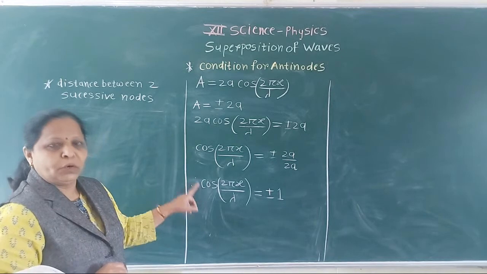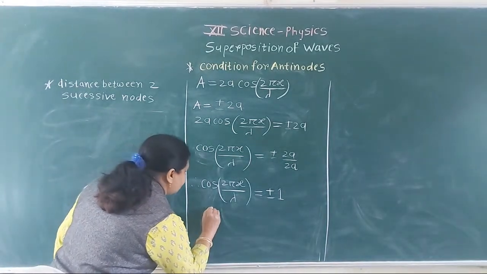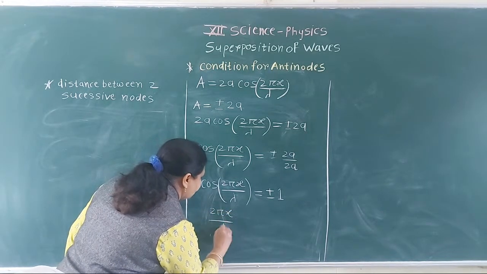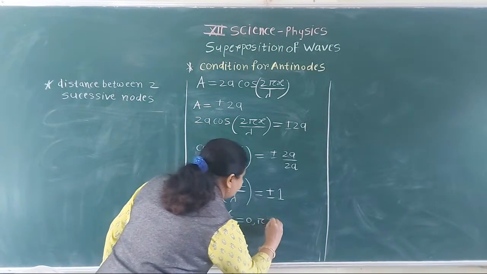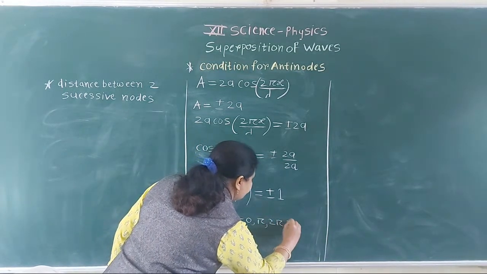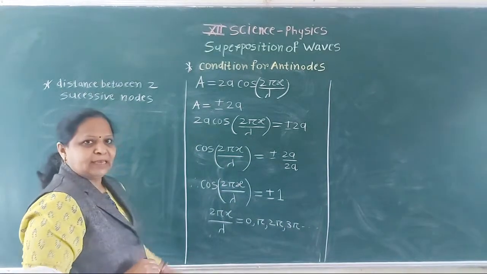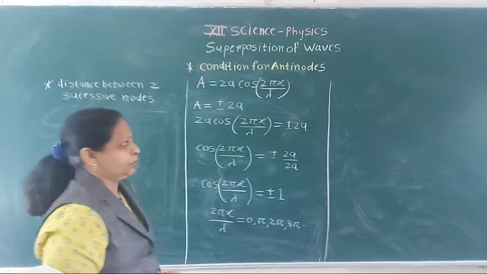Now the cos value is plus minus 1 when 2 pi x upon lambda is equal to 0, pi, 2 pi, 3 pi, etc. So let us calculate the value of x. First we consider 0.